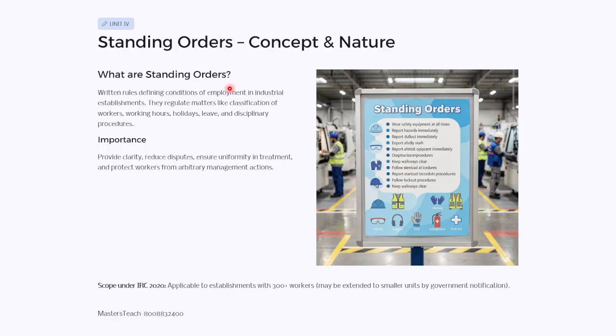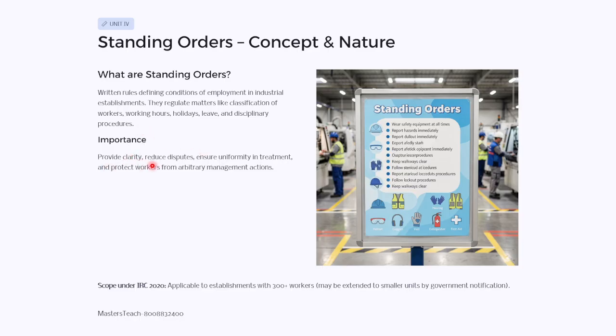So, standing orders and concept nature. What are standing orders? They are the written rules defining conditions of employment in an industrial establishment. They regulate matters like classification of workers, working hours, holidays, leave, and disciplinary procedures. Why is it important?